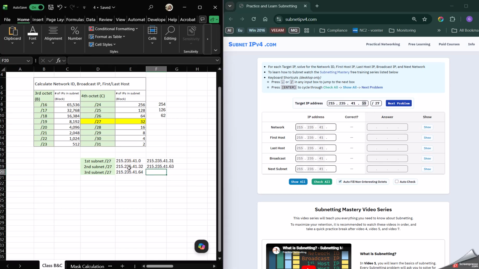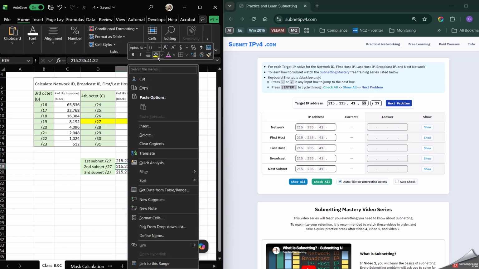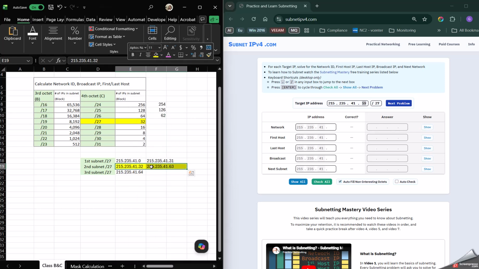Now, looking at my IP here, it's 59. So obviously my IP is somewhere in here. This is the subnet that my IP is in. Now, coming back here, the network ID is the first IP in this subnet, so it's 32. Obviously, the first host is 33 because that's the next one.